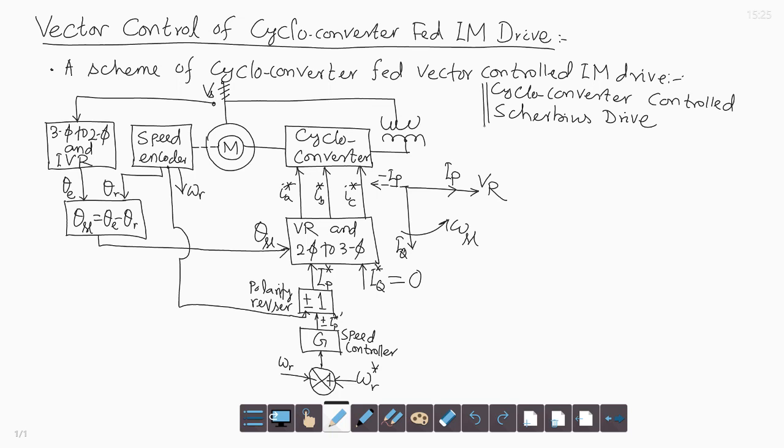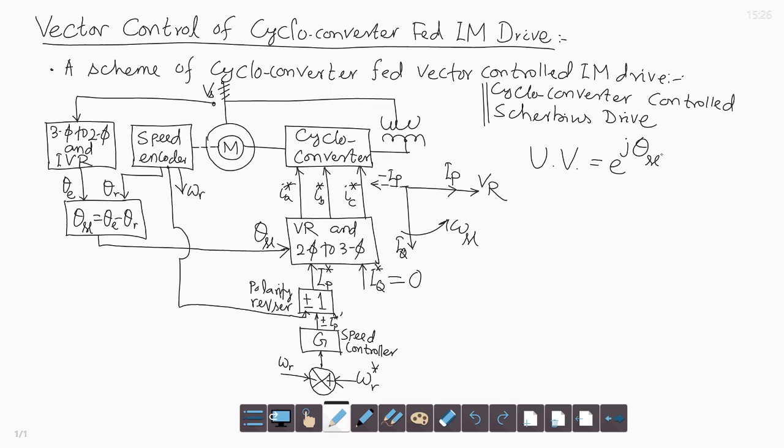Then this IP star and IQ star are converted to 3-phase current commands IA star, IB star, IC star through the unit vector, which is e to the power j theta SL, because control is on the rotor side, whose speed is slip speed with respect to the MMF rotating speed.